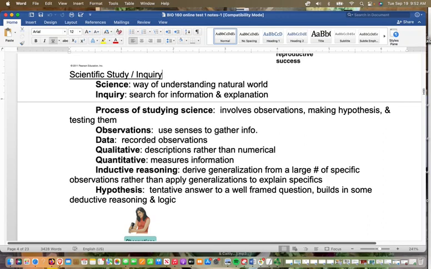So using reasoning, we have inductive and deductive reasoning. With inductive reasoning, you derive generalizations from a large number of specific observations and then apply those generalizations to specifics. So for one example, I could be looking at a bunch of insects in here, and I say, well, you know what?